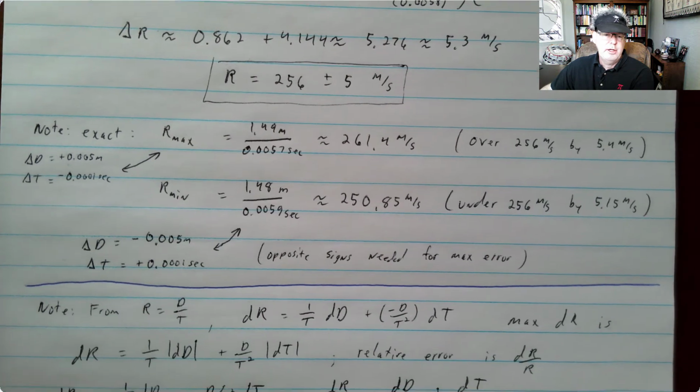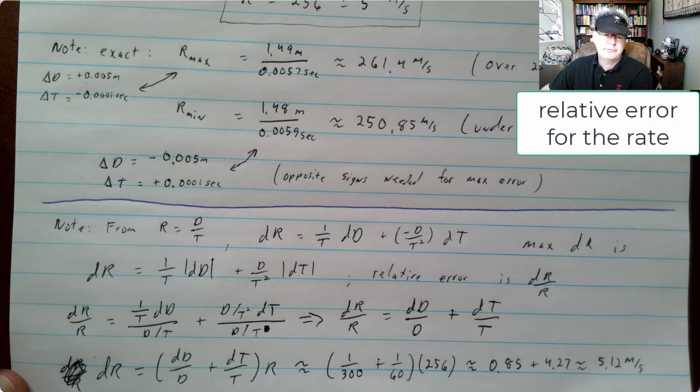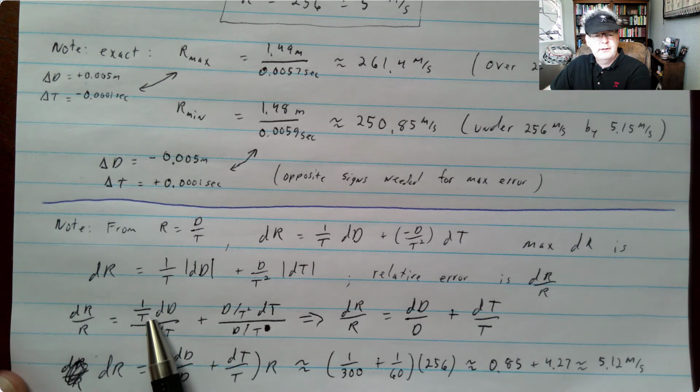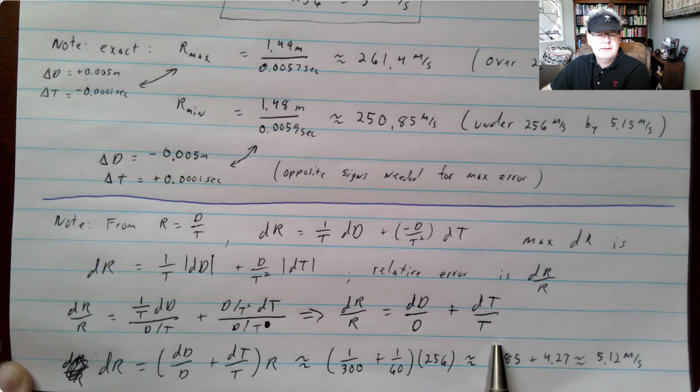If you watch the video, he does things kind of quickly and uses the relative rate. If you put dr over r, so r is d over t, just divide both of these by d over t and simplify. You'll get dr over r is dd over d, that's what this will simplify to, plus dt over t. And I kind of took absolute values here to get the maximum.